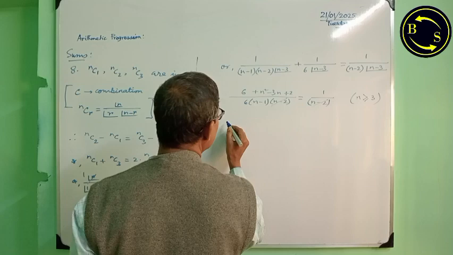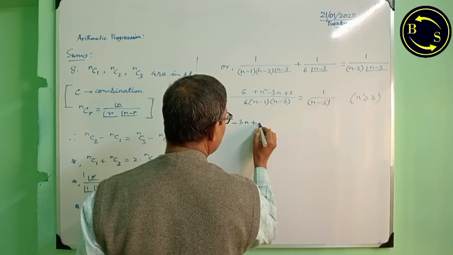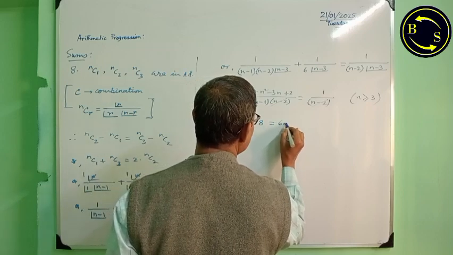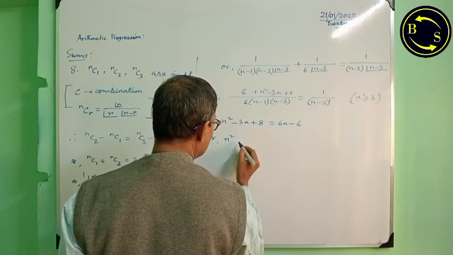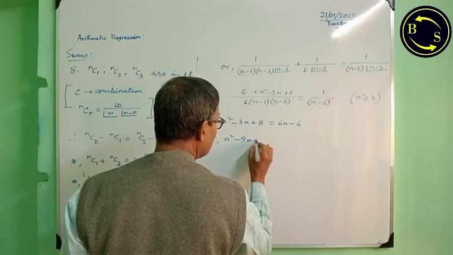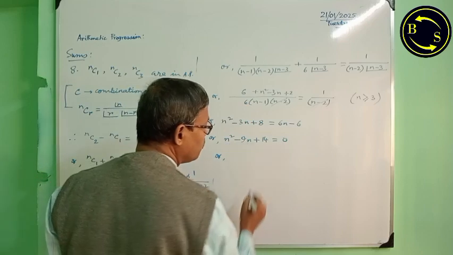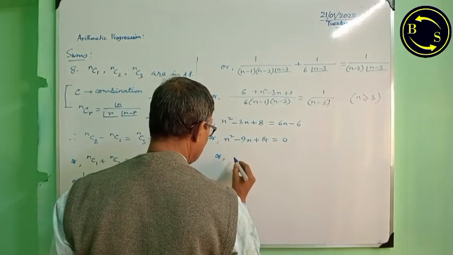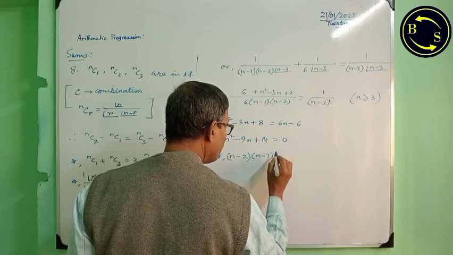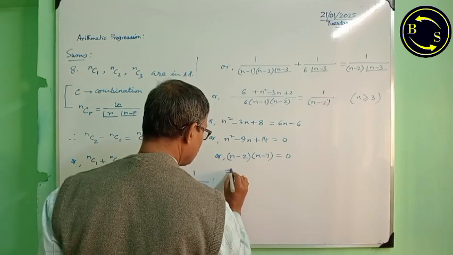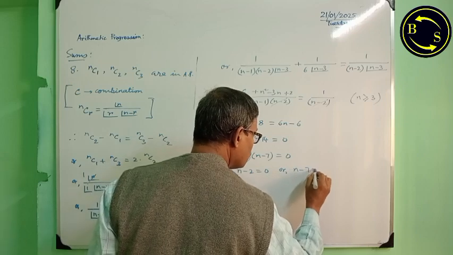Now we multiply that. N square minus 3n plus 8 is equal to 6n minus 6, or n square, I take this on the left side, minus 9n plus 14 equals 0, or if we resolve into factors, then it will give n minus 2 equal to 0, or n minus 7 equal to 0.